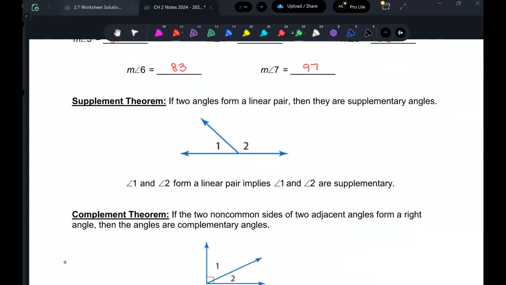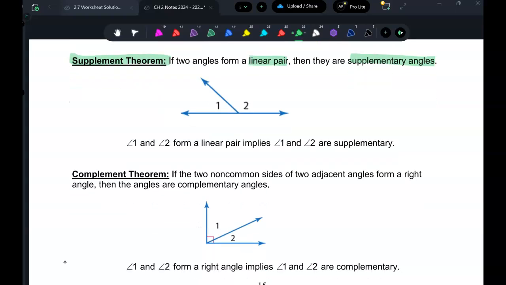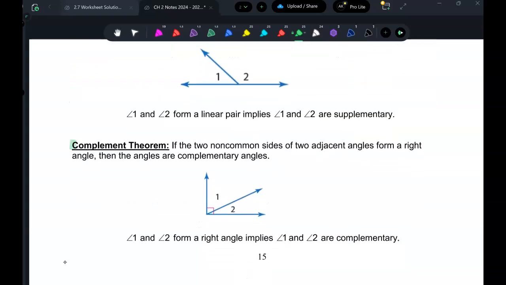This is a revisit. The supplement theorem just says if we have a linear pair, we have supplementary angles. So if angle 1 and 2 form a linear pair, I know they're supplementary. If they're supplementary, then I know they add up to 180. Complement theorem, again, we did this one already.